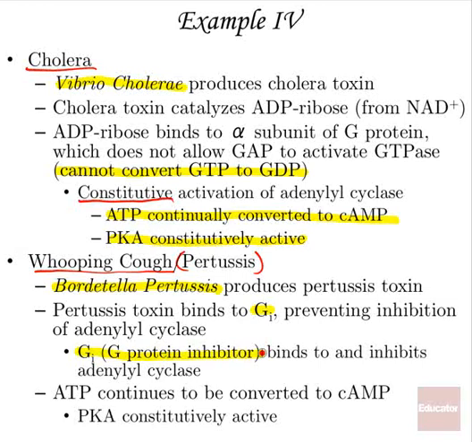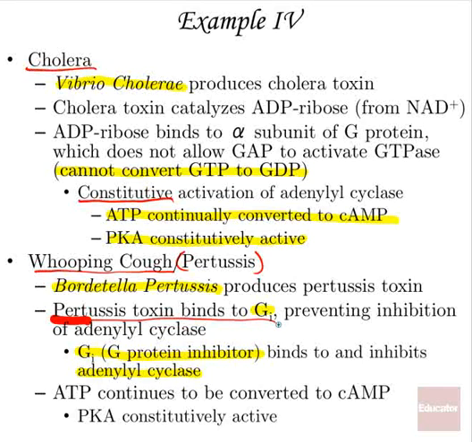Normally, G sub I will bind to and inhibit adenylyl cyclase. So, opposite of cholera. In cholera, adenylyl cyclase is always on. G sub I normally turns adenylyl cyclase off. However, we have pertussis toxin binding to that inhibitor, preventing that normal inhibition.